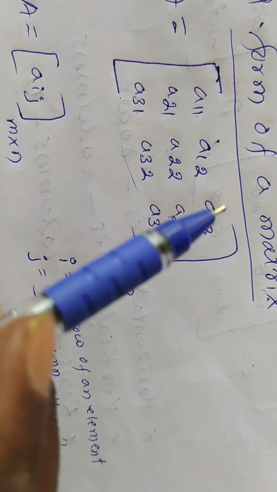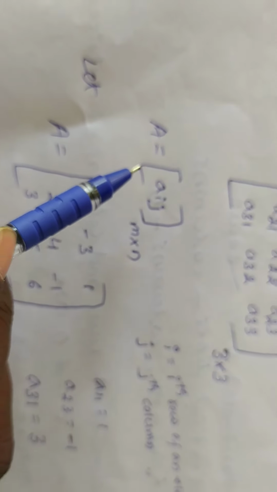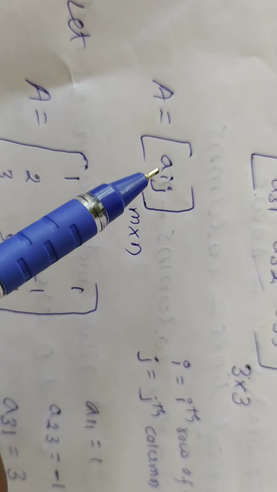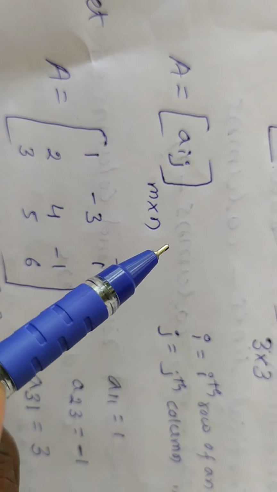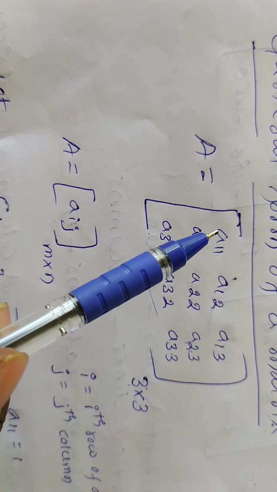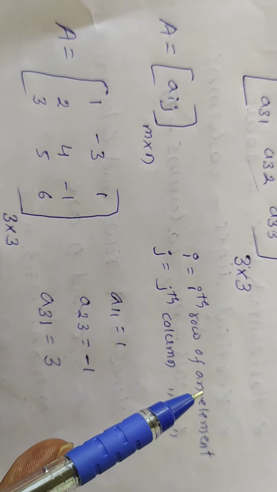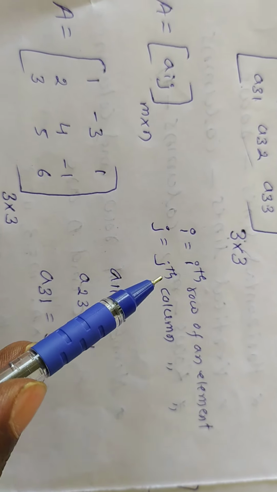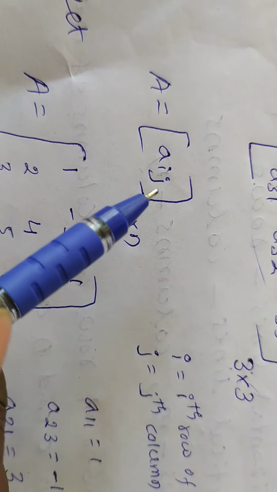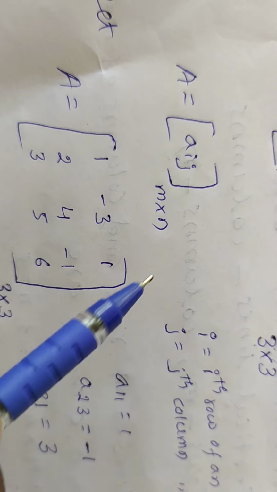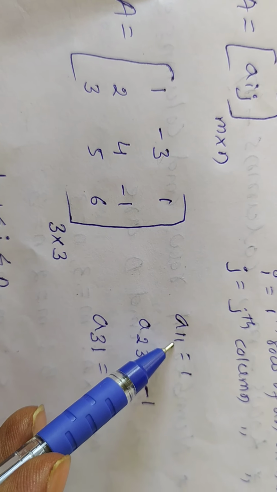So I will write the general form of a matrix as A equals Aij of order m cross n. See here, Aij means i is the ith row of an element, and j is the jth column of an element. For example, A11, i equals 1, j equals 1.